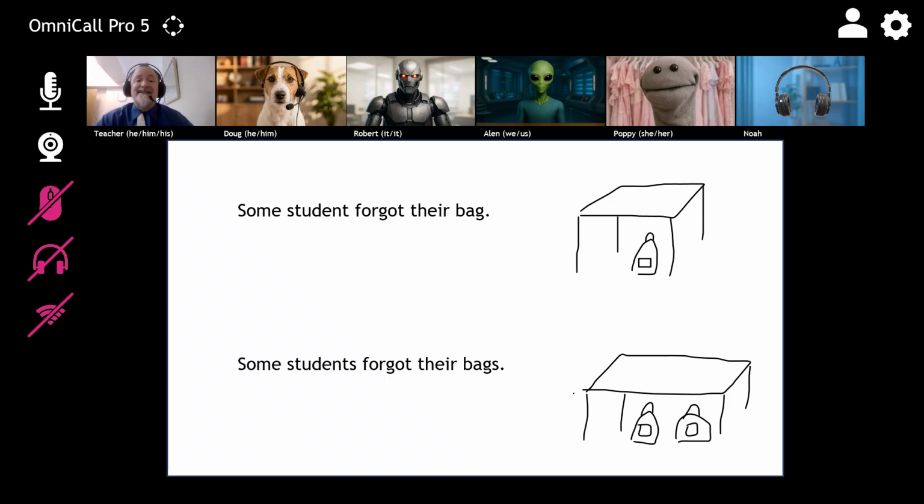It just so happens in the top example, the group we're talking about is a group of size 1, so we use singular. The bottom example is a group of 2 students, so for 2 students we use plural. If it's known or unknown is not relevant at all.